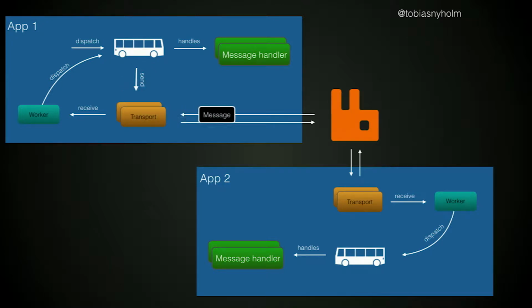So you configure Symfony to put the message on the bus, and then it puts it on RabbitMQ, and eventually, at some time, an application reads it and dispatches it to its message handlers. And depending on your configuration, you can have another message that you put on the bus and it goes in the queue. But here, you have configured this message to go back to the first application to be consumed by its message handlers.